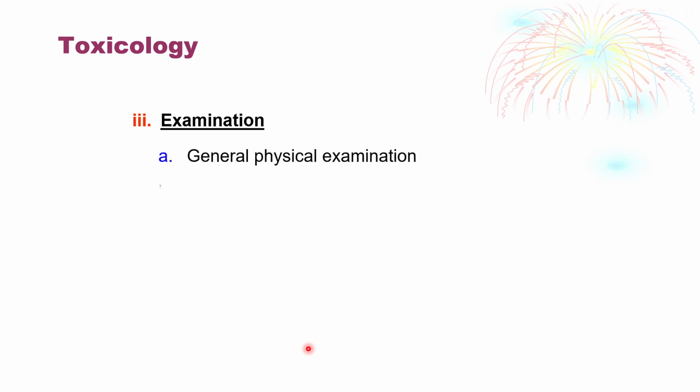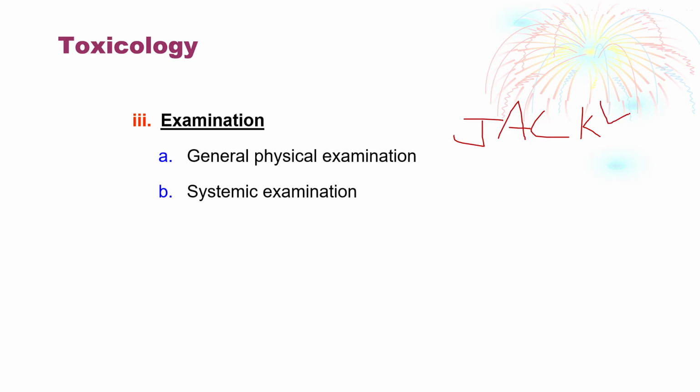Now the third step is the examination. There are two types of examination: general physical examination and systemic examination. For the general physical examination, a simple mnemonic is JACCOLET. We check for jaundice, anemia, clubbing, cyanosis, any lymph node enlargement, and temperature.